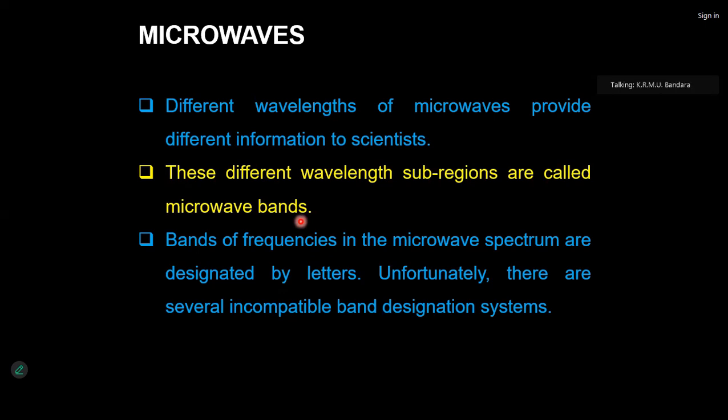Unfortunately, there are several incompatible band designation systems. Different organizations have defined them in different ways. Therefore, they use different English letters to designate the microwave bands, so there is some incompatibility.